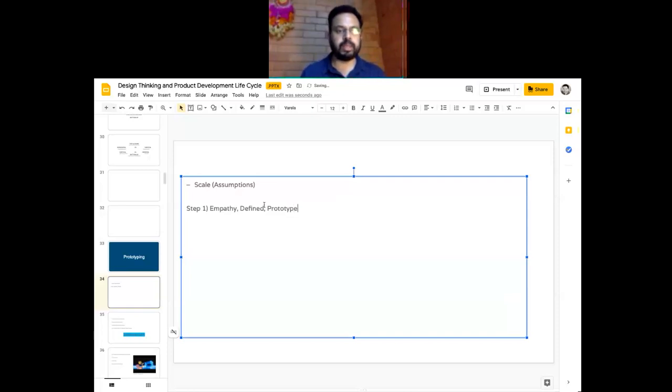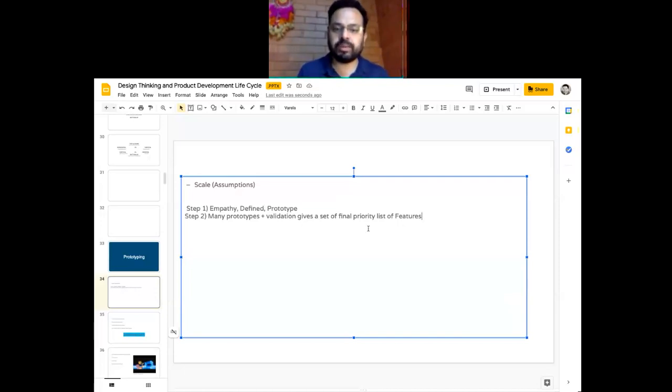We kept doing this until we reached step 2, that is, many prototypes plus validation gives a final priority list of features. Is this clear? This is what we did next.